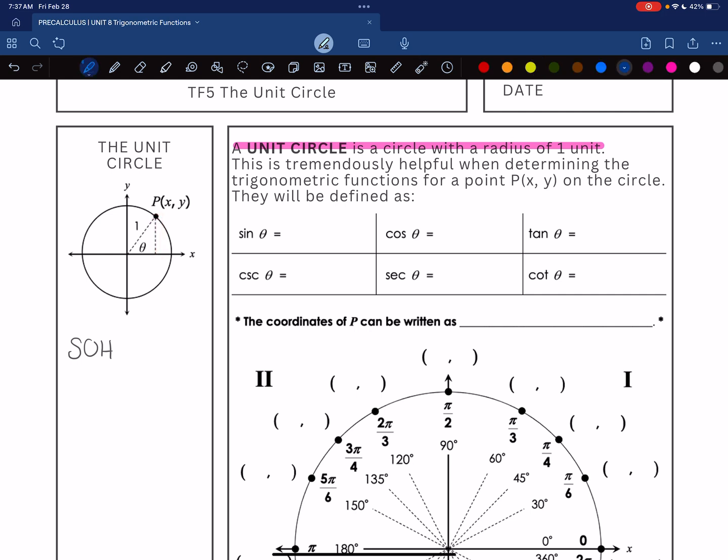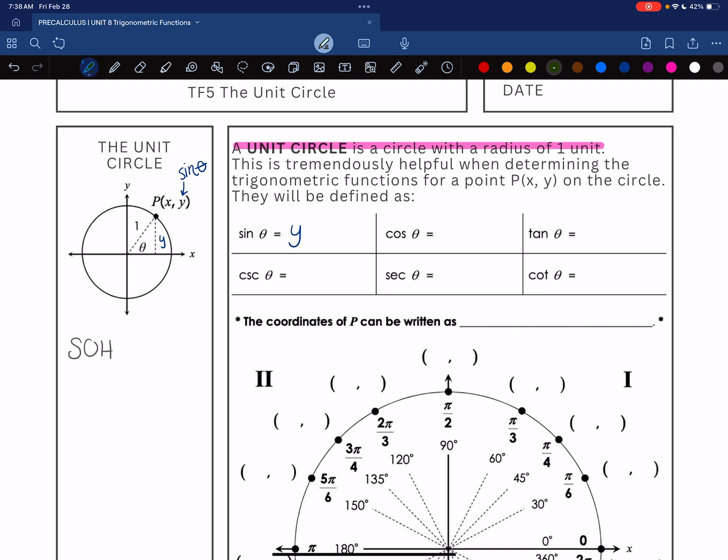That side is the y, or the height of our point, and then the hypotenuse is 1. So that means that sine is the y over 1, or simply just the y value. So whenever you're looking at the y value of that coordinate, that is actually the sine of theta.